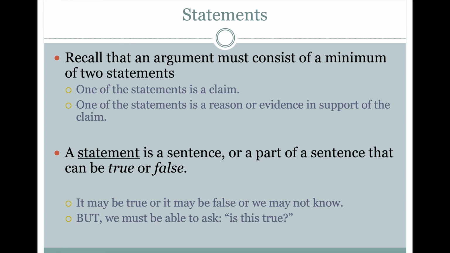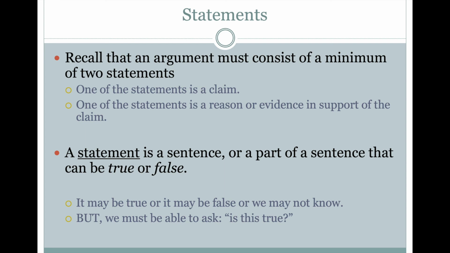And the evidence statement is usually a statement that we take to be true. It's widely accepted as true. It's easily believed or proven to be true. And that's what enables it to function as evidence, because it doesn't require further proof. It can stand as proof for the claim, but itself doesn't need proof.